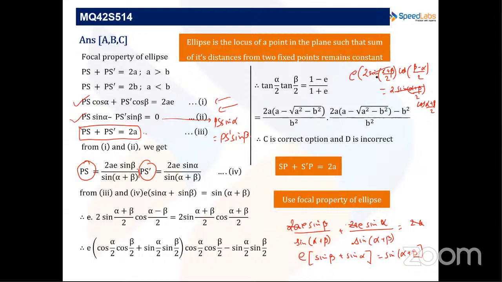So these two terms will be cancelled out and we will be getting e into cos beta minus alpha by 2 equals to cos beta plus alpha by 2. Using the basic trigonometry, you will get the value of e, which will be equals to cos beta plus alpha by 2 upon cos beta minus alpha by 2. Then use componendo and dividendo. So you will get this value.